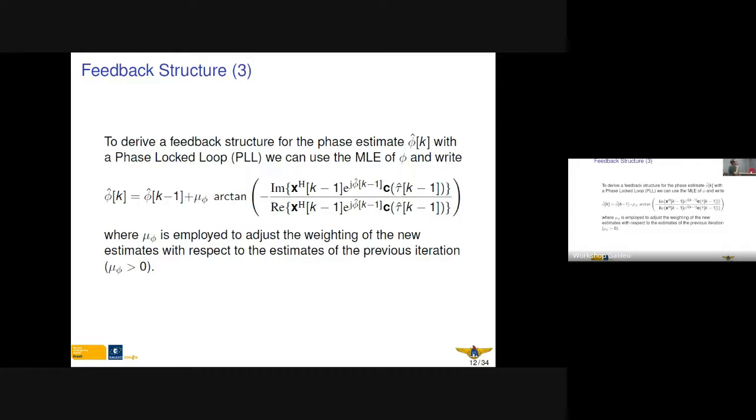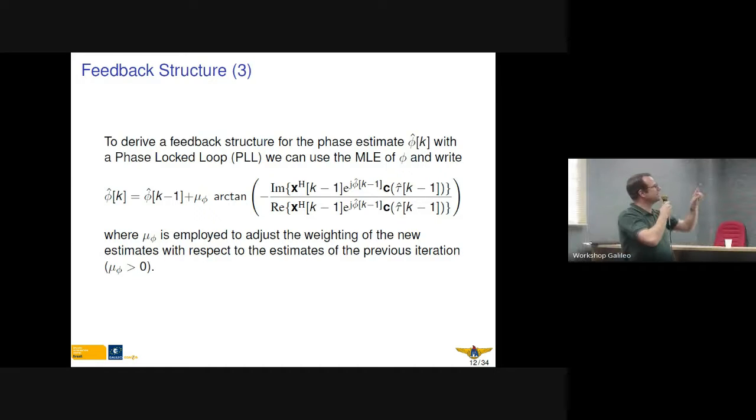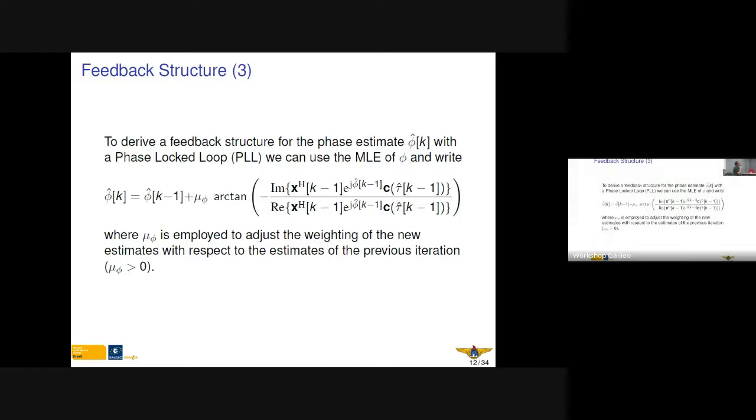We also need to estimate the phase. The interesting part that we have seen is that the time delay can be estimated independent of the phase estimate, while the phase estimate is based on the time delay estimate. So to derive a feedback structure for the phase estimate phi hat with a phase locked loop, PLL, we can use the MLE of the phase and also use a gradient structure.